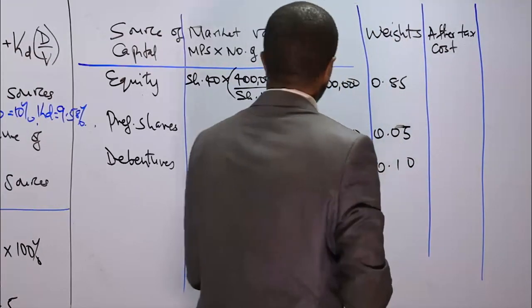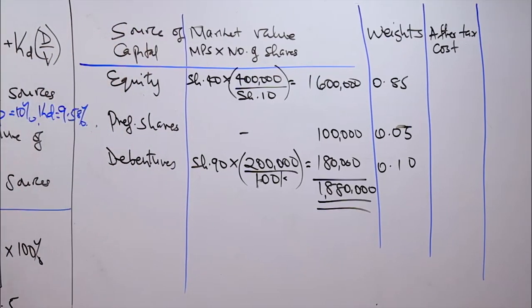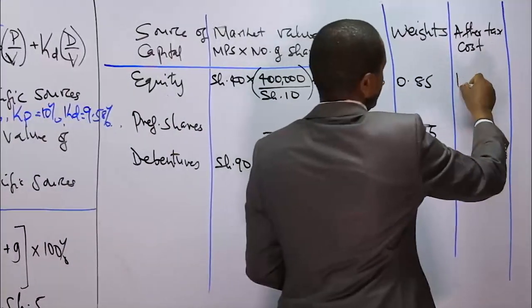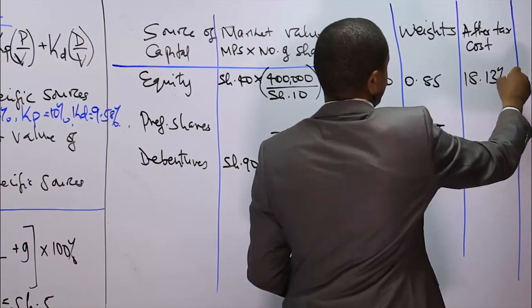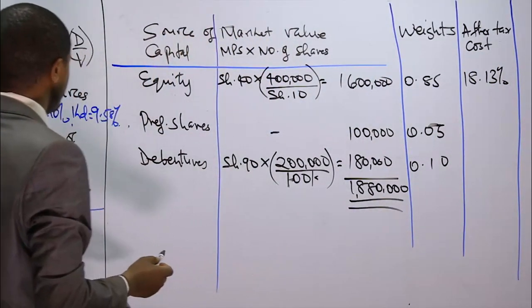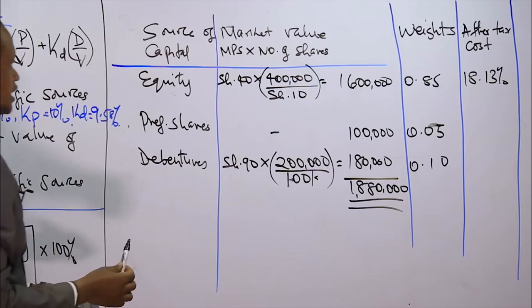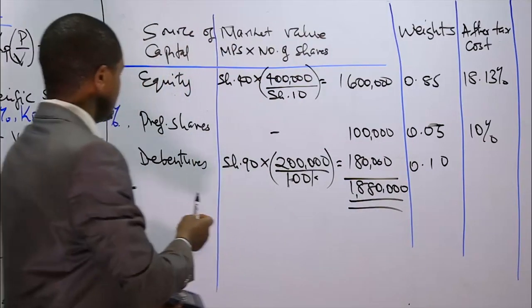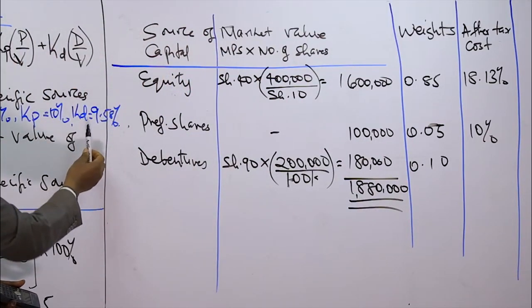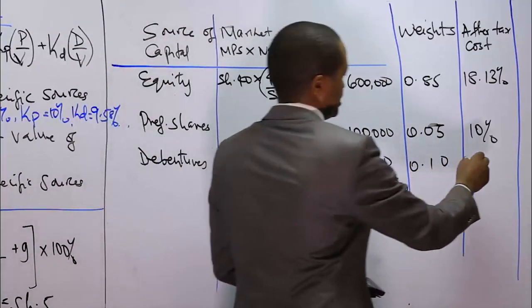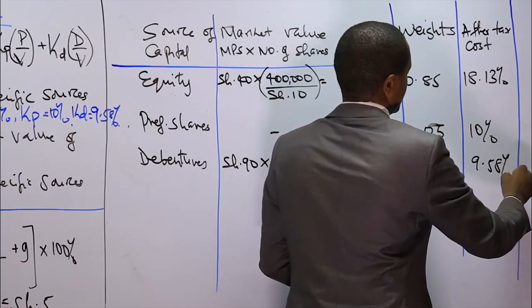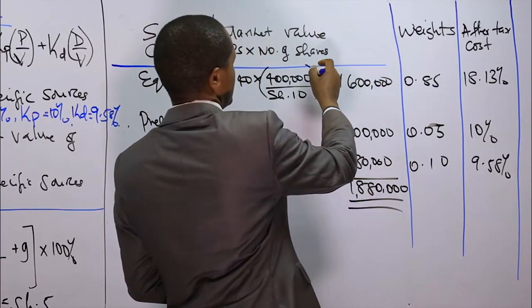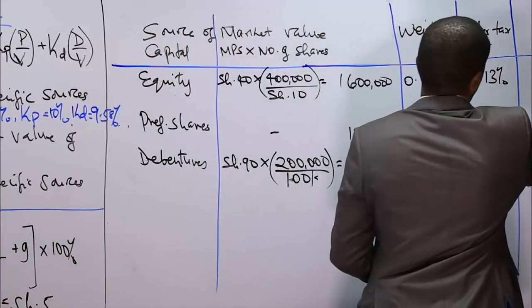We had calculated KE as 18.13%, and of course we had our KP of 10%, then lastly KD of 9.58%. So these are the after-tax costs.